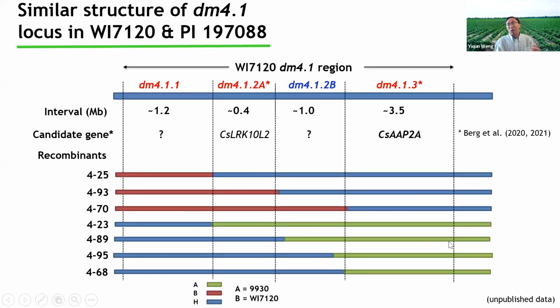So we examined our data in 7120, as I mentioned before, the 2 lines at the 4.1 locus probably share the same.